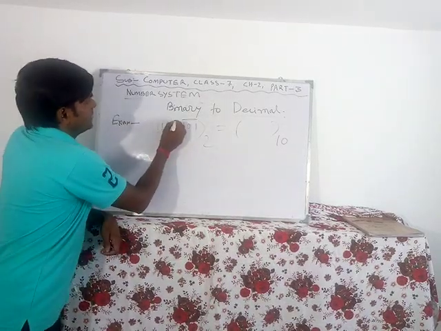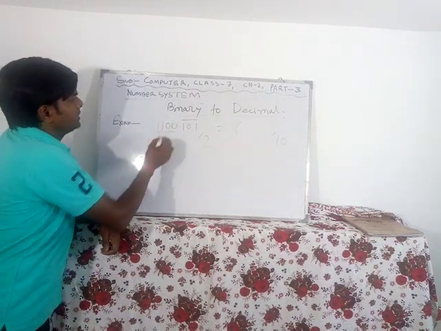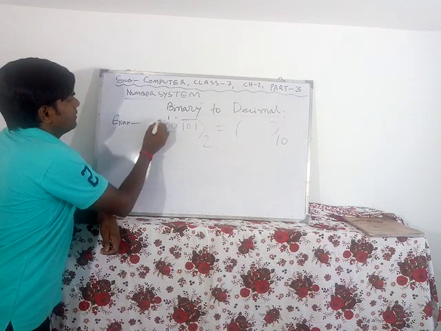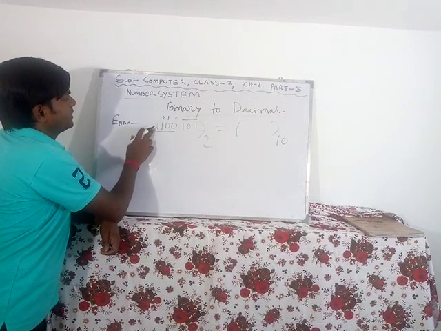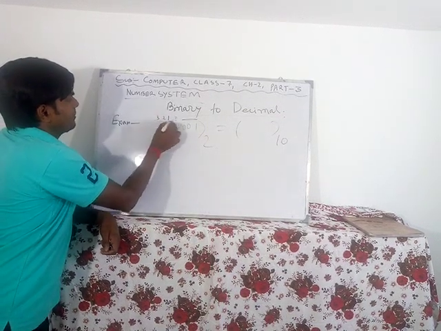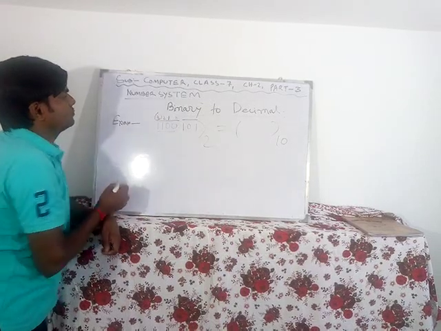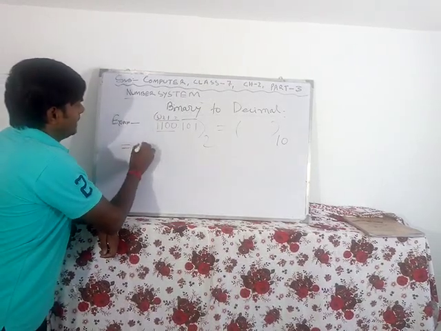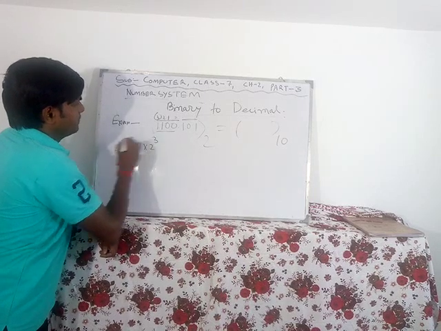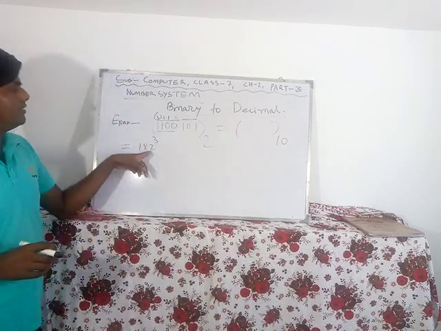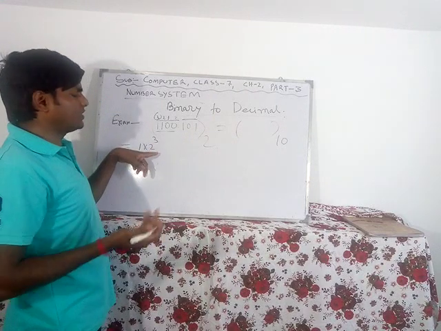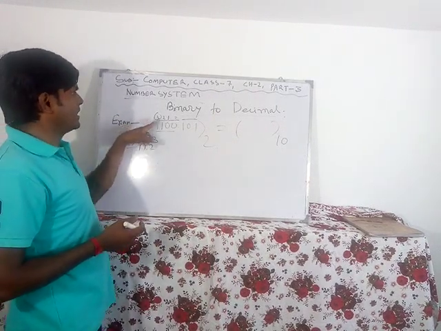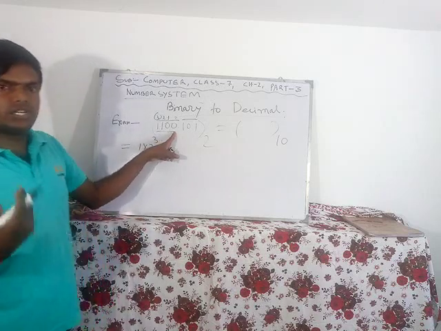How many digits are before the point? Powers 0, 1, 2, and 3, so we get up to 3. First, 1 into 2 to the power 3, because the power value we get counting from the left is 3.